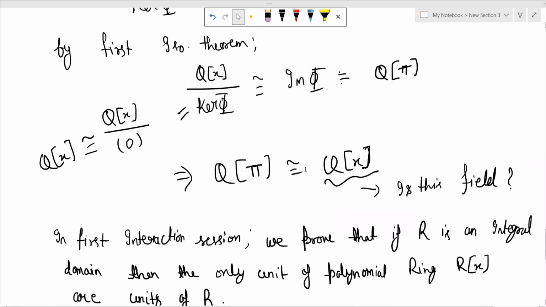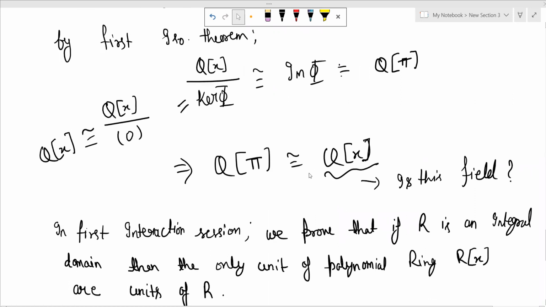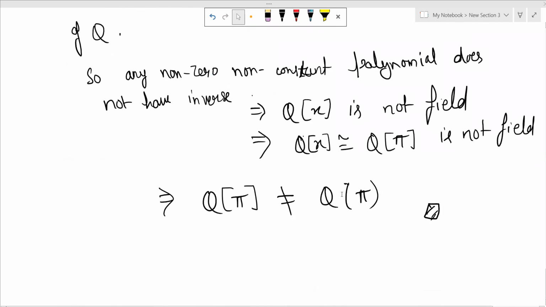Under this isomorphism, where I proved that Q[pi] is isomorphic to Q[x], X is not a unit here, and X goes to pi in this isomorphism. So pi is not a unit in Q[pi]. But in the other ring, pi is a unit, precisely the inverse is 1 over pi. But here 1 over pi is not an element. Agreed?